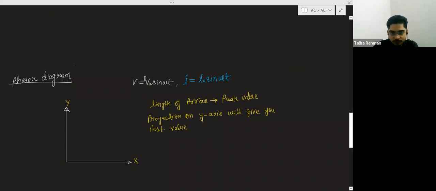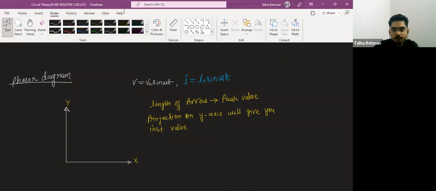Now see this peak value. So what you will do, you will draw like this.